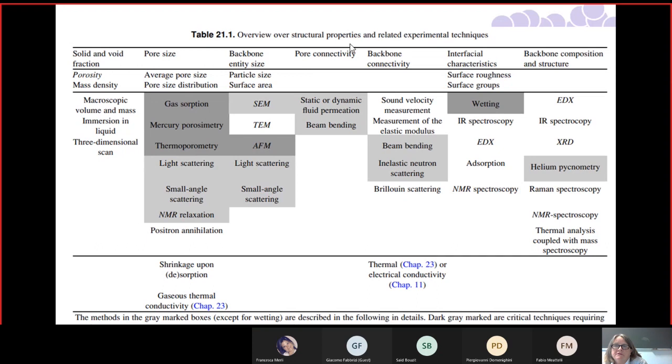Pore connectivity, how are they connected? Backbone connectivity, how is that solid material connected? Interfacial characteristics and backbone composition and structure. So all these things, and it goes through sort of the different instruments you could use to do those things. So we'll talk about porosity and density, how to do that. That's fairly simple.